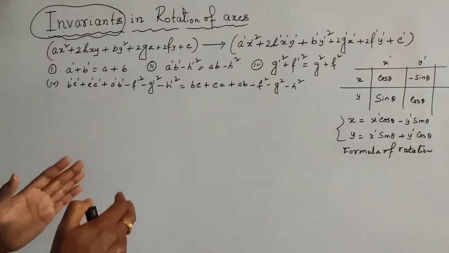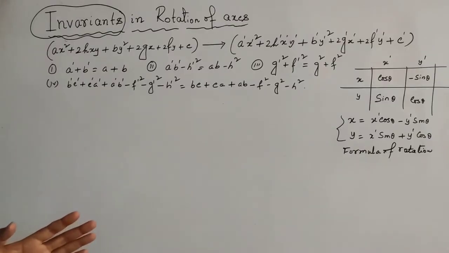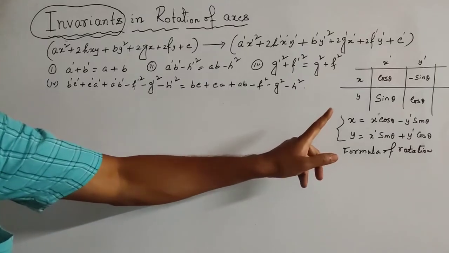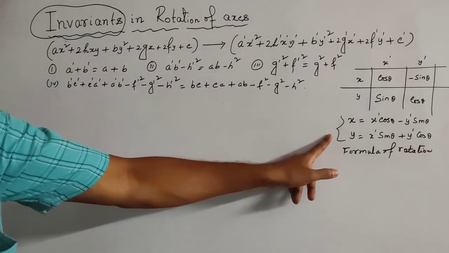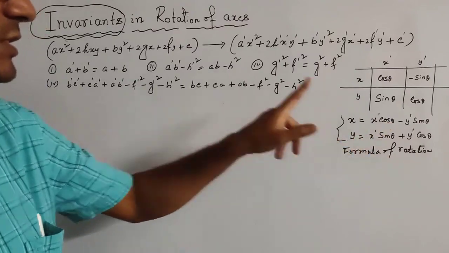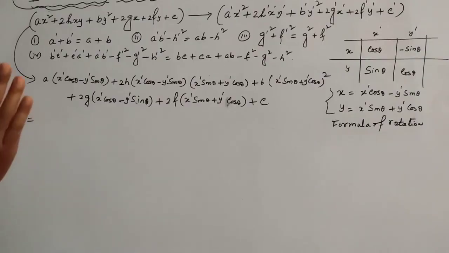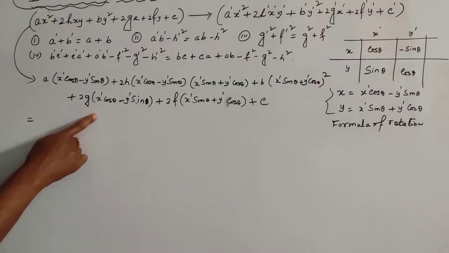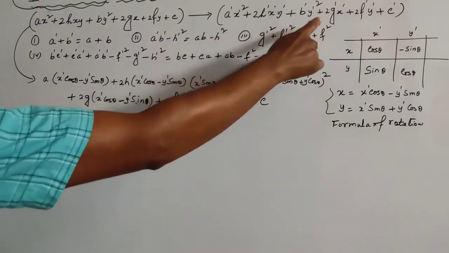To prove the invariance of these quantities, we first apply the formula of rotation, that is we put x equal to this and y equal to this here. Now we arrange this expression like this.